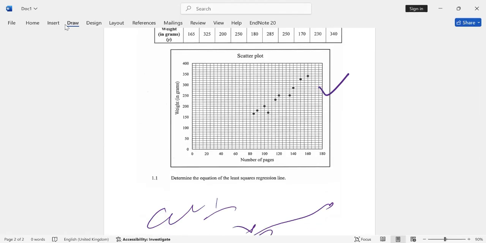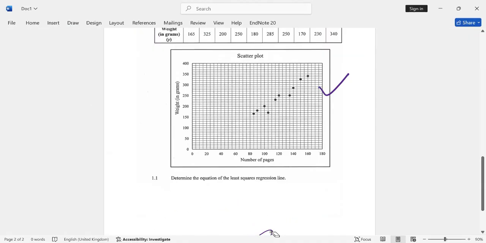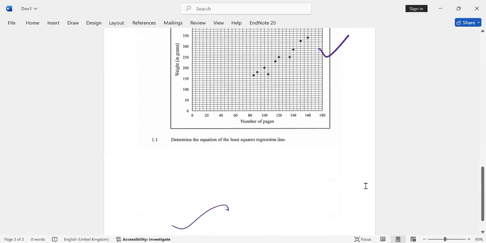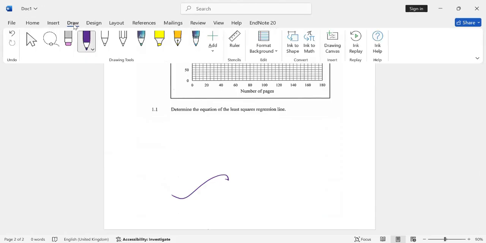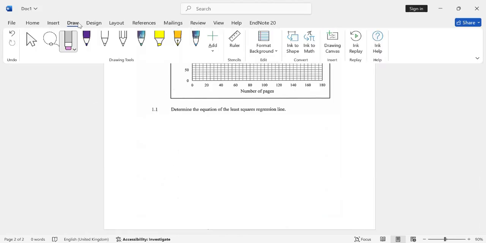Let's do this question number 1. The general form of the equation is y equals a plus bx.